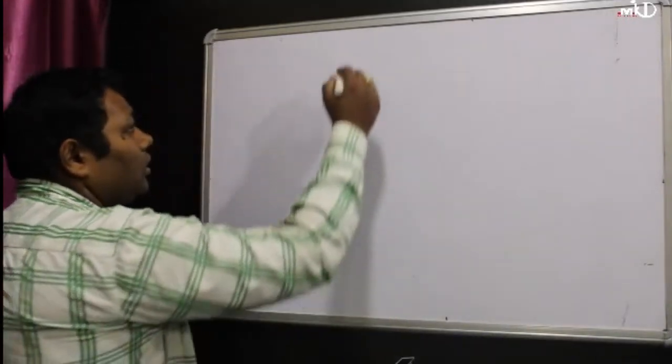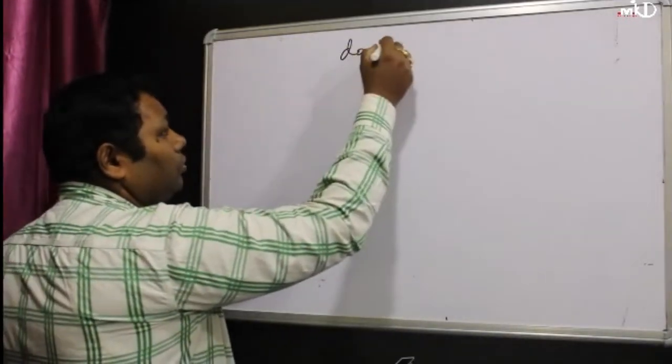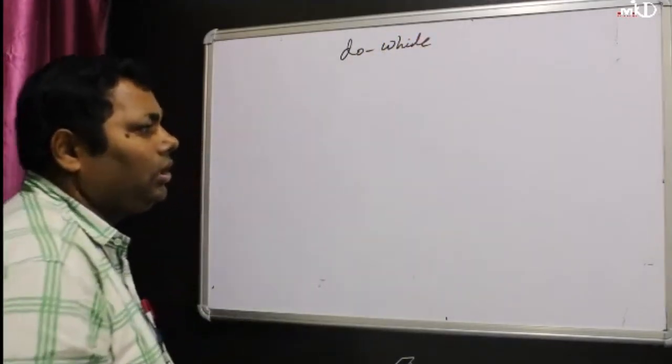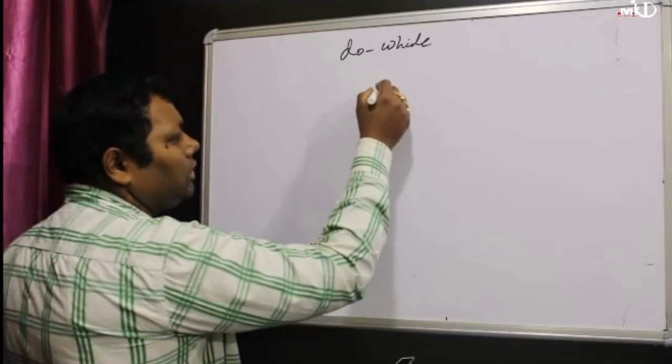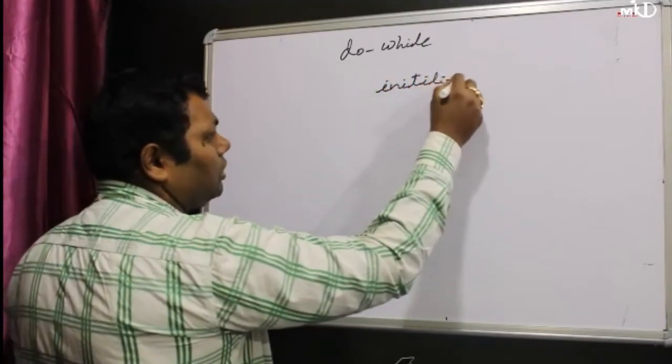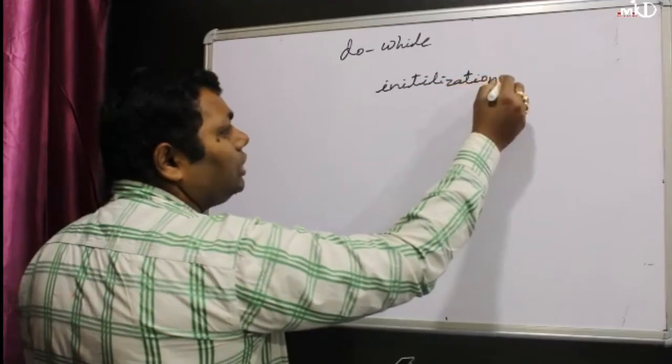Now the next conditional looping statement is do while. Okay, what is the syntax? Same initialization. Here the initialization is optional.